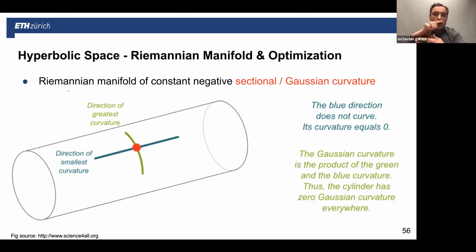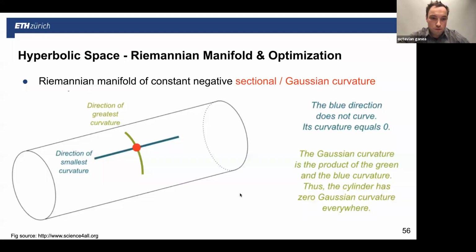If this curve is bent inward, then we say it has a positive curvature. If it's a straight Euclidean line, then we say it has zero curvature, and if it's bent outwards, we say it has a negative curvature. So that's a bit of intuition of what a sectional curvature is, and now the Gaussian curvature.